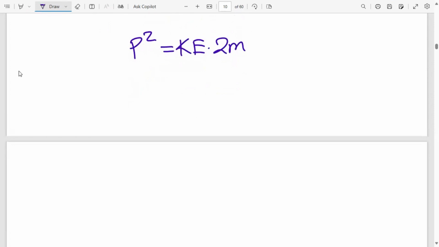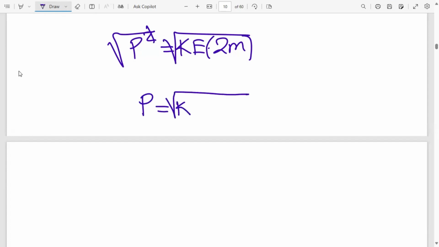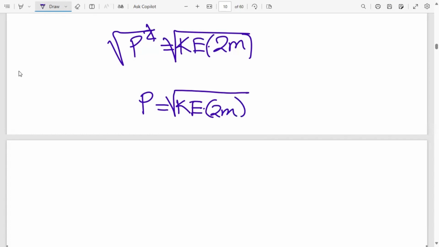Okay, and I can put my 2m in brackets. Then I'm going to introduce the square root on both sides of my equation. I'm going to remain with P is equal to the square root of Ke, then in brackets, I'm multiplying Ke by 2m, like this.